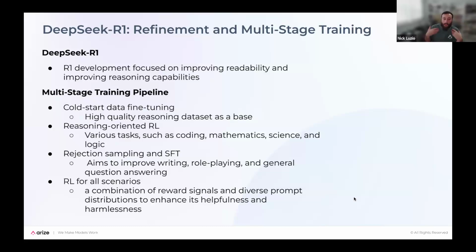And then finally, they give it a final RL run where it's running through a bunch of different scenarios, coding, math, logic, and then general human back and forth conversational type questions. So that all gets bundled up into a single pipeline, and that's essentially how the R1 model was trained.